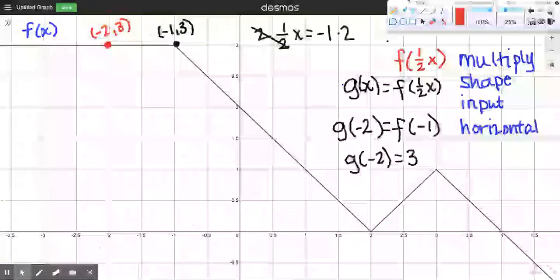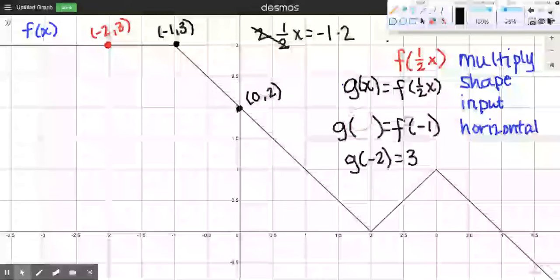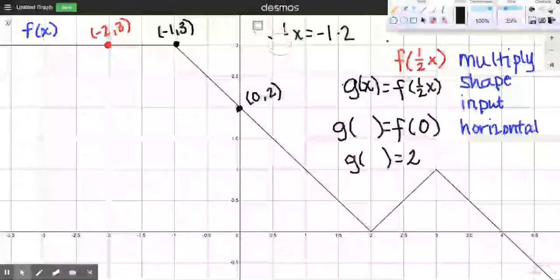Let's take another key point on the graph to keep going. So let's do this one right here. This is 0, 2. So following the same process as before, I'm going to say f of 0, which is 2. Now I know that 1/2 of x is equal to 0.